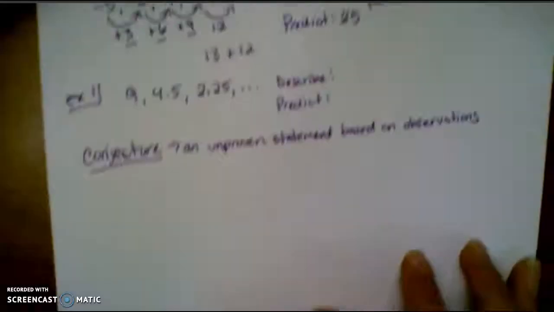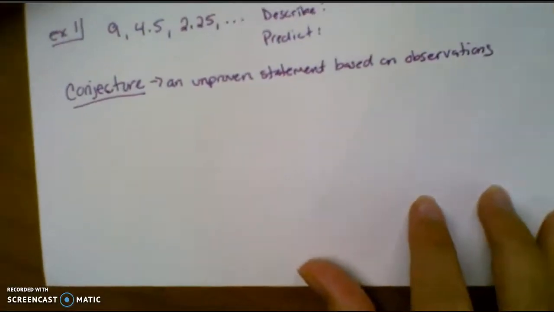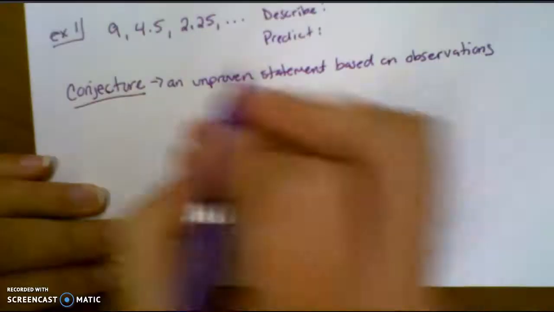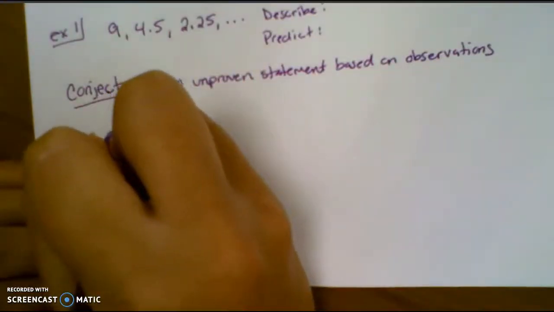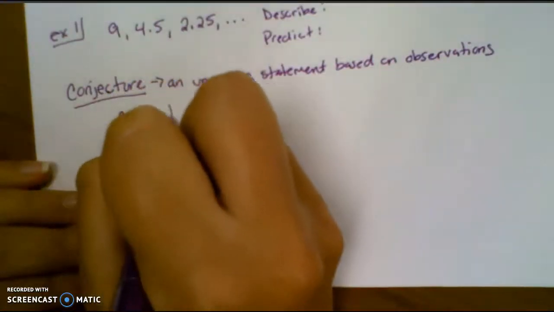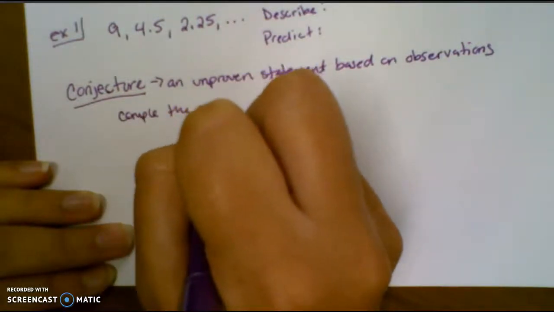Okay, so let me move down here on my page. So let's practice this. We're going to complete the conjecture. Those are going to be the directions. So complete the conjecture.